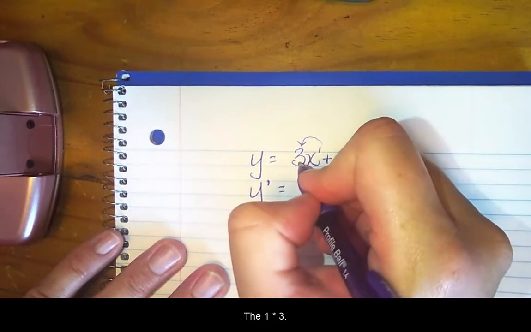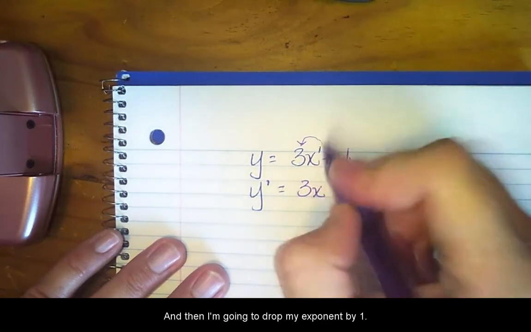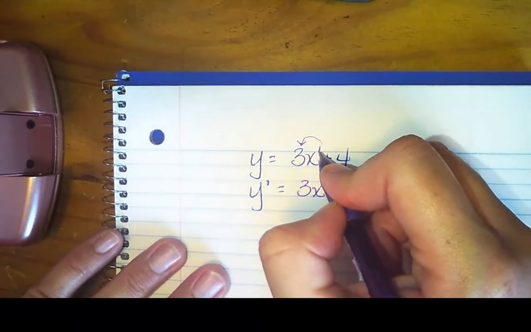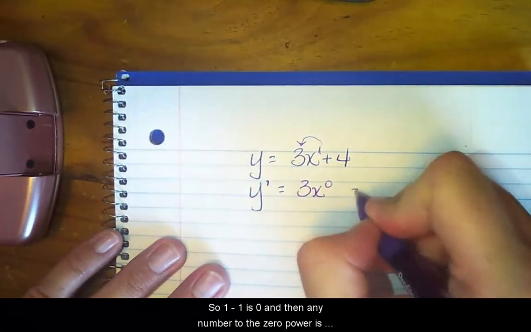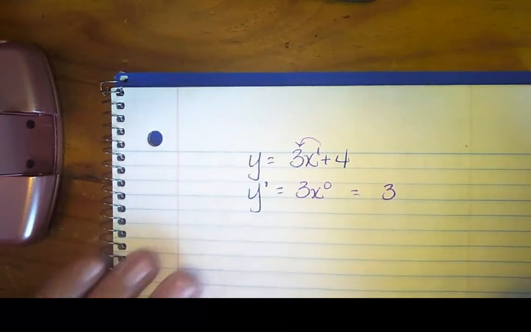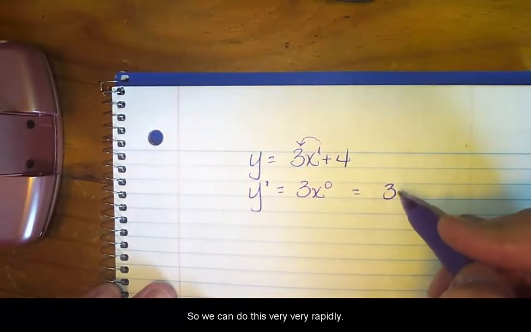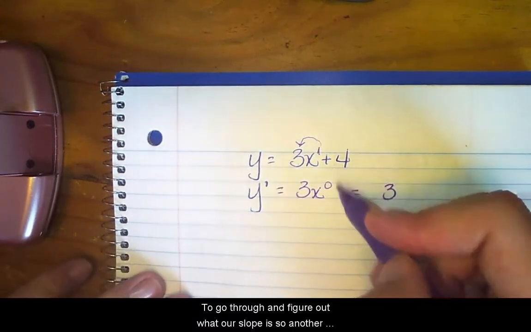So 1 times 3 is 3. And then I'm going to drop my exponent by 1. So 1 minus 1 is 0. And then any number to the 0 power is 1. So that ends up simplifying to 3. So we can do this very, very rapidly to go through and figure out what our slope is.